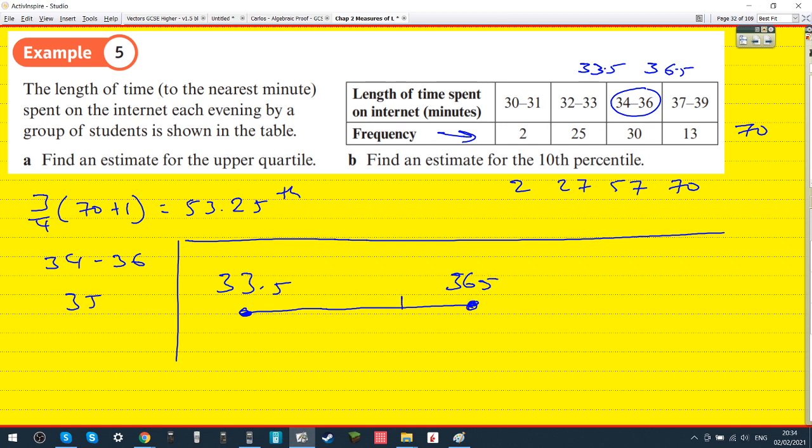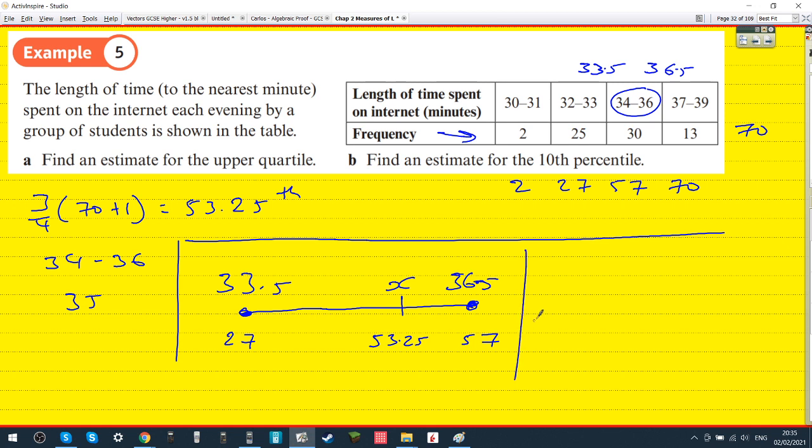And somewhere in there, we have X, and it's going to be definitely closer to 36.5. We also know that 27 is where it started from, 57 is where it ended, and this X is person 53.25.